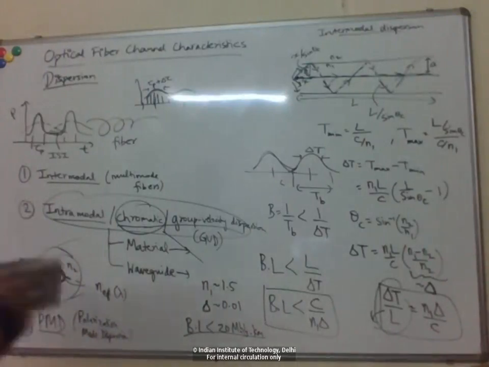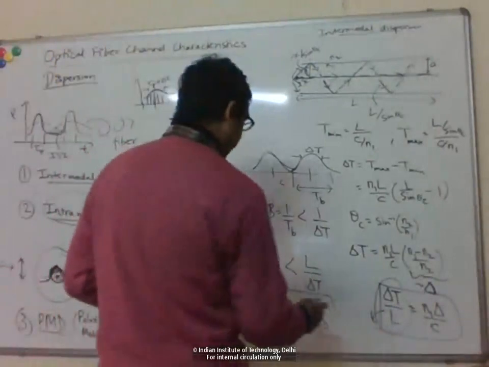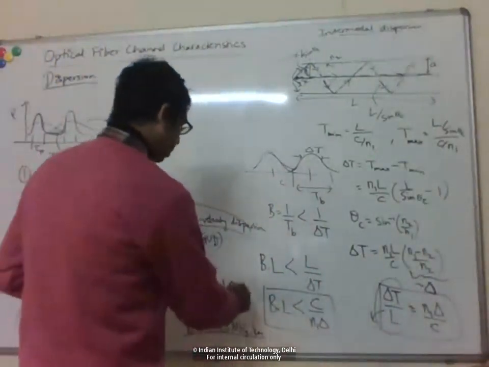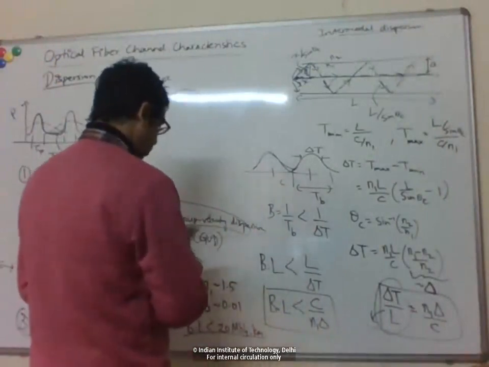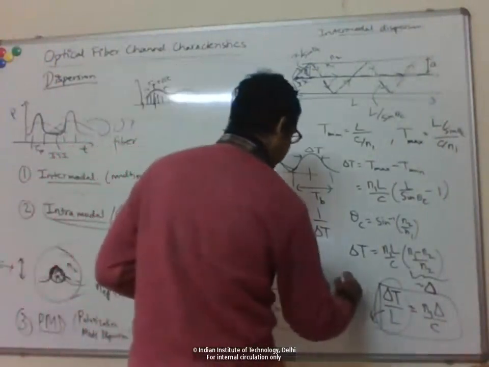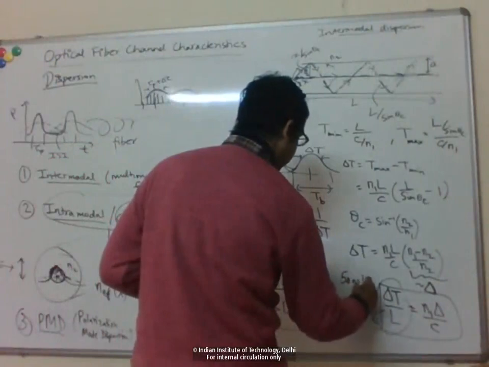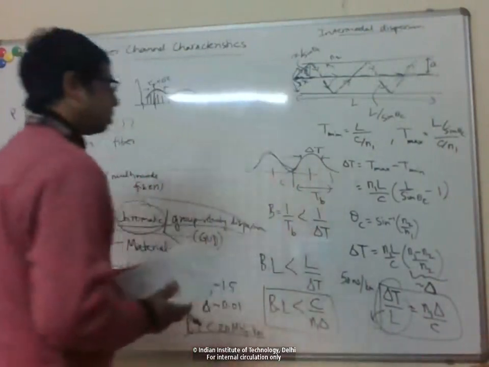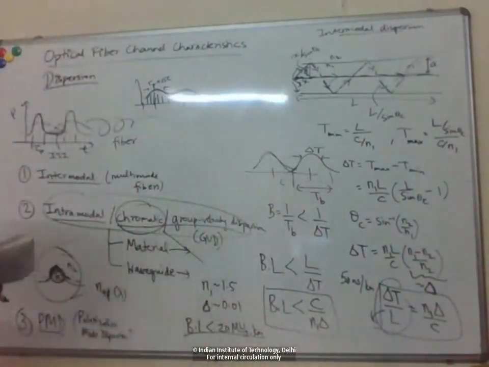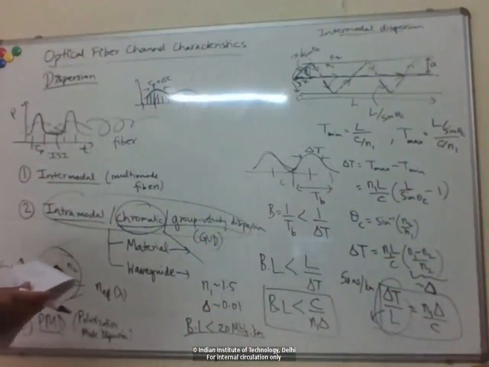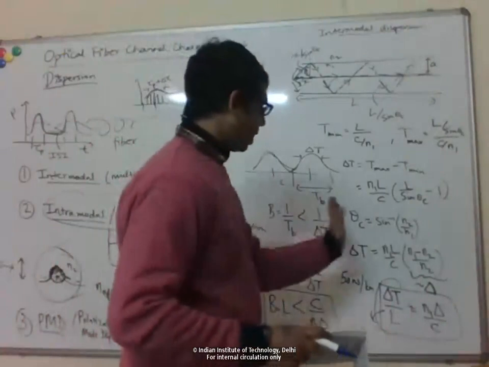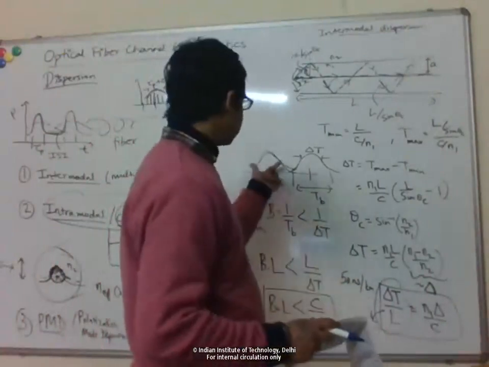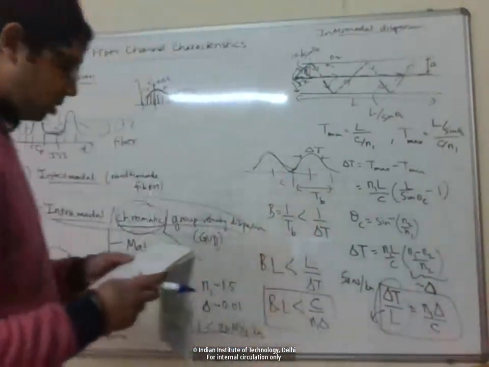If you look at the dispersion value here for these numbers, that is just the inverse of this. That's about 50 nanoseconds per kilometer. So if I send a pulse, after propagating 1 kilometer the pulse broadens by about 50 nanoseconds.